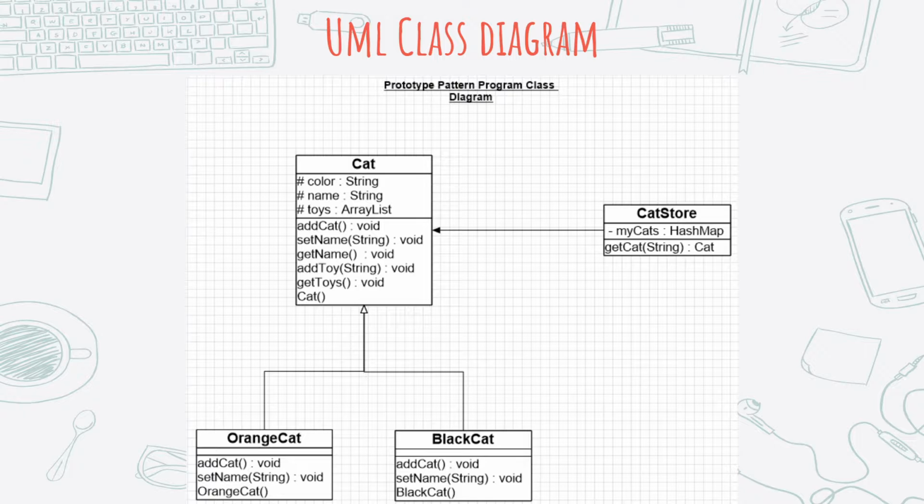We also have a getCat method, and then we have our abstract cat class, and then the two subclasses, orange cat and black cat. This will make a little more sense once I show the demo and explain how the clone method is utilized.